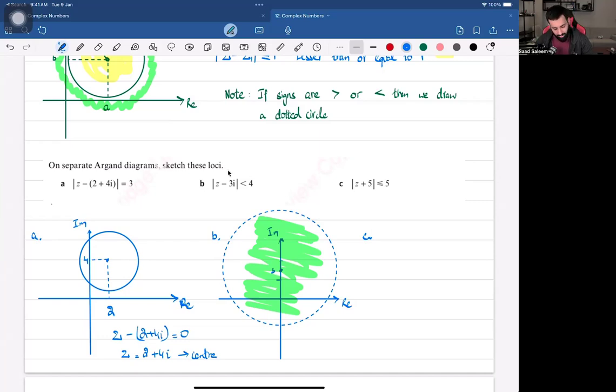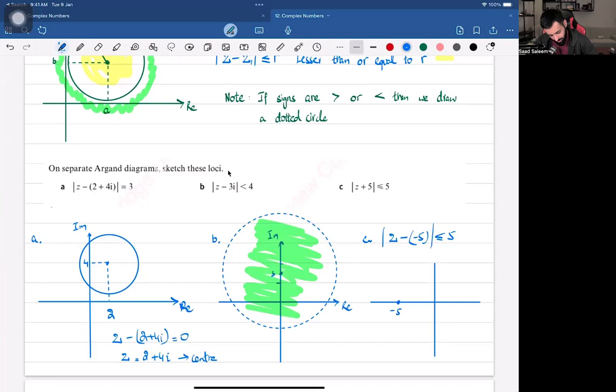Okay, so let's draw this. We have something like this. It's going to be a solid circle. If the radius is 5, then this is what it's going to be like.